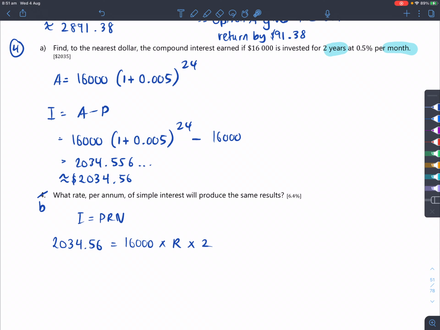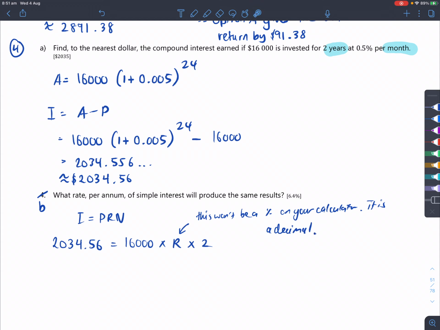Now, whatever number you get in your calculator will be a decimal. This won't be a percentage yet. It is a decimal, or a fraction maybe.